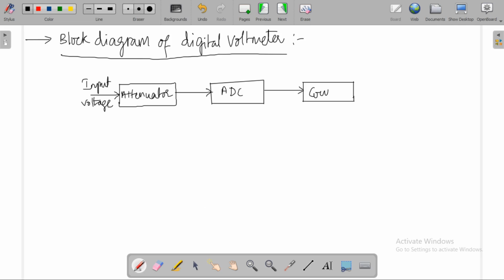Next, you're going to have counter. Next, you're going to have readout system. Digital readout system.